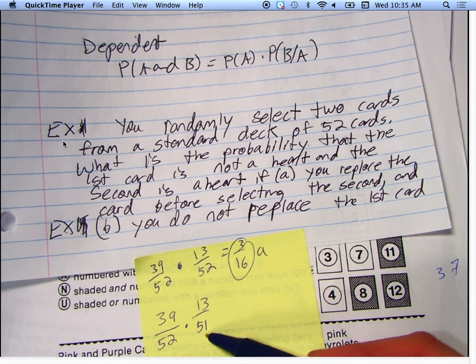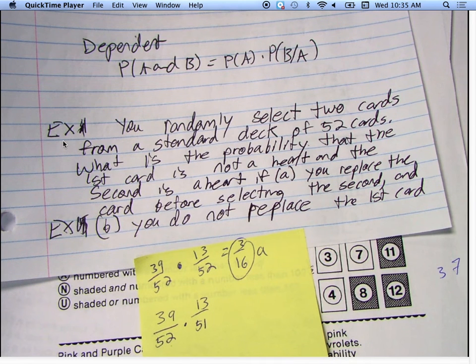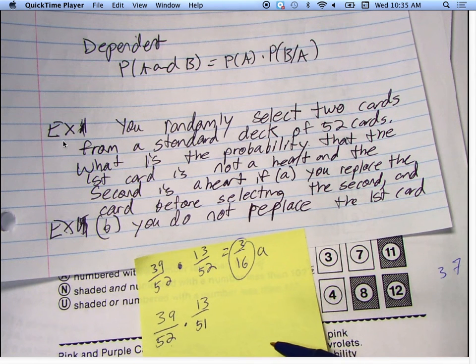Now I think, Ethan, what you're asking is, what if I did choose a heart? Wouldn't that change the whole thing? That's not what I'm asking for the probability. I'm not saying I chose a heart and then what's the probability that I choose another.